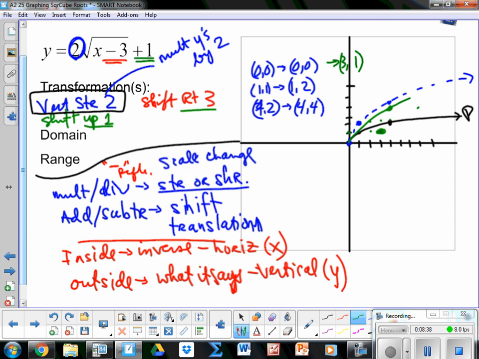That's right 3 and up. All right. Let me back up because I feel like I got ahead of myself here. Okay, so at this point right here, oh, that's what happened. 1, 2, 3, and up 1. I got distracted by the parent function there. I need to go back to the blue. 1, right 3, and up 1.